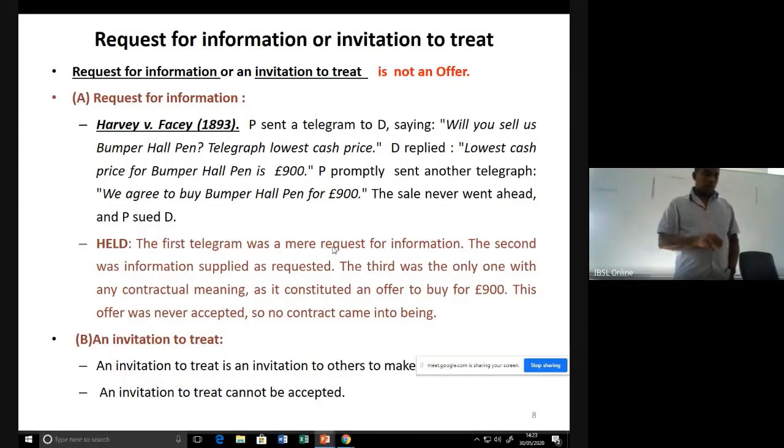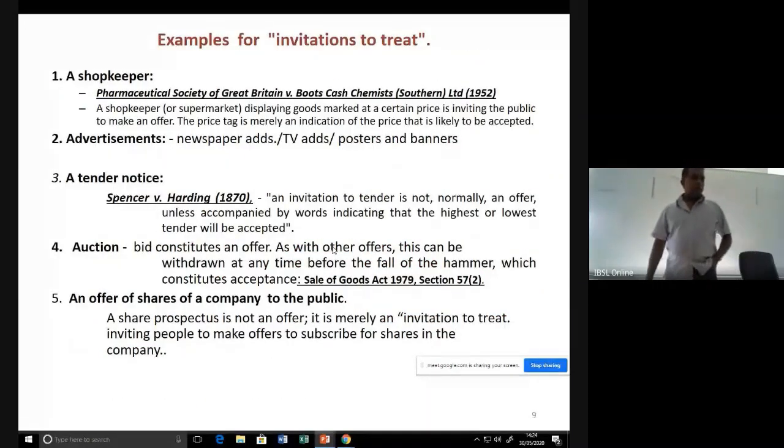So those are the differences between the request for information and invitation to treat. I have given here some examples for invitation to treat. Now when you see this, you will realize the difference between the invitation to treat and the offer, and request for information and offer, right?